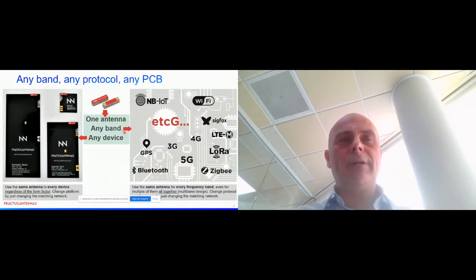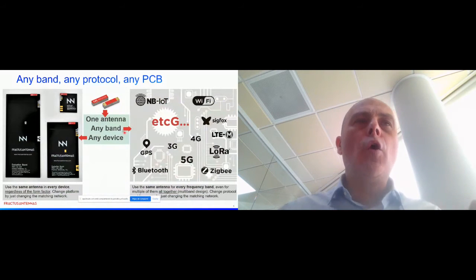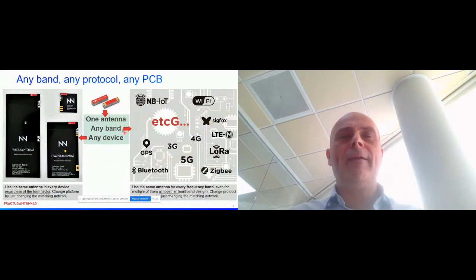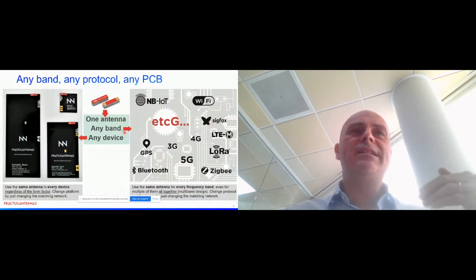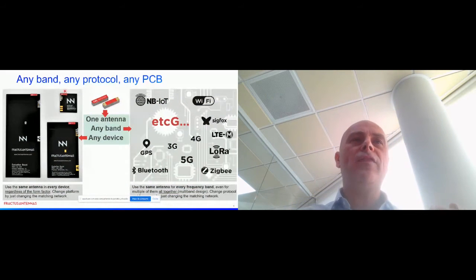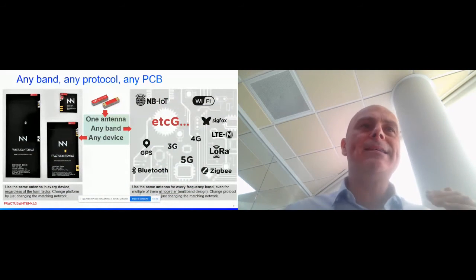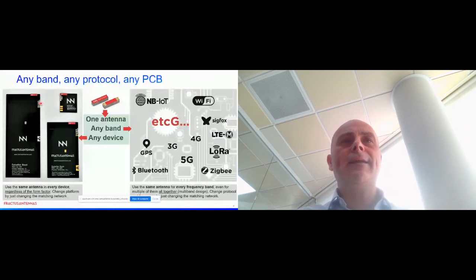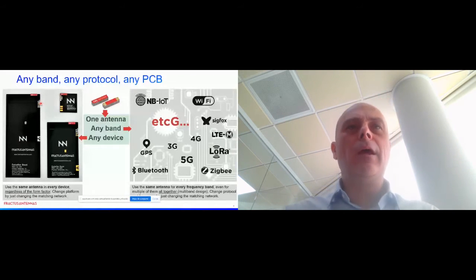So no matter the form factor of the device, we don't need to use a different antenna for every device. With the same antenna booster, we can have operation, and the only thing we need to customize is a matching network. But by the way, this is easier and faster than designing a customized antenna or designing an antenna from scratch.